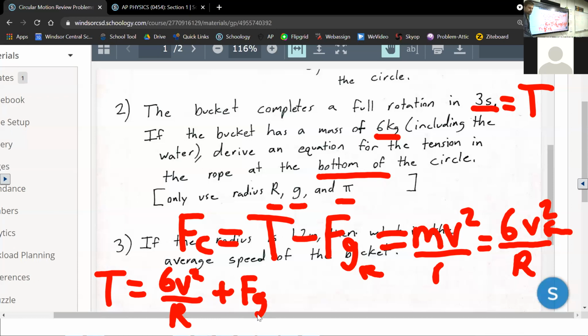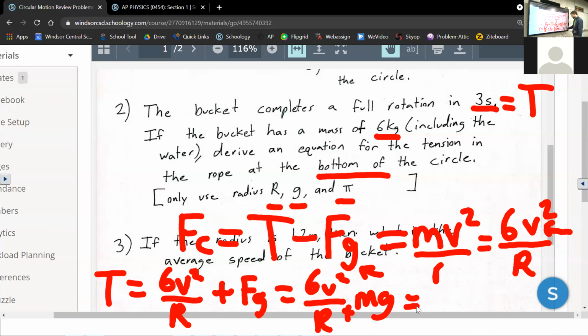What could I replace Fg with? mg. So I can keep everything the same, but I could replace Fg with mg. And I know m is 6.